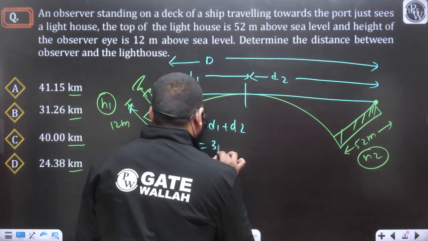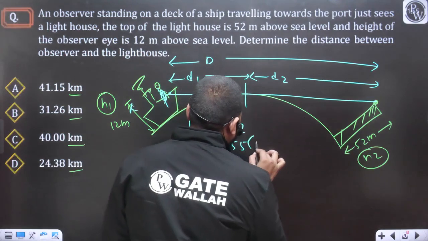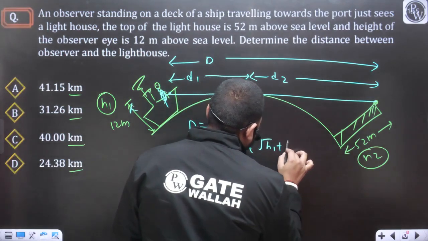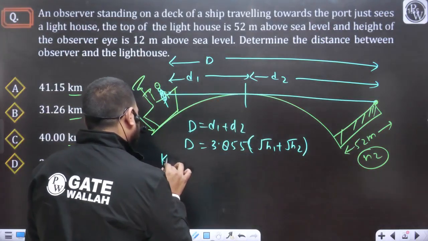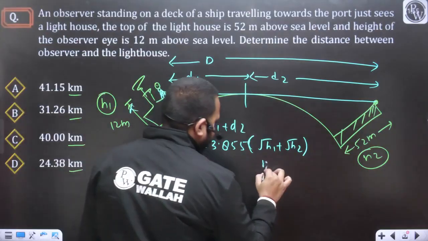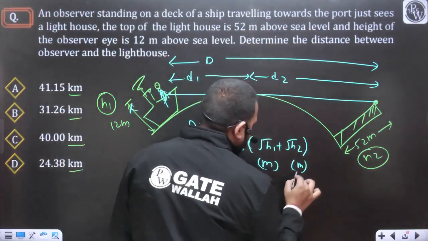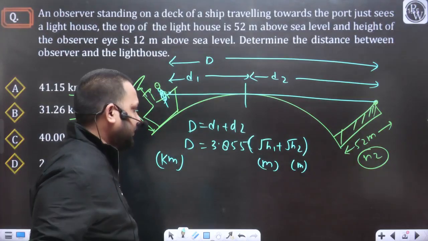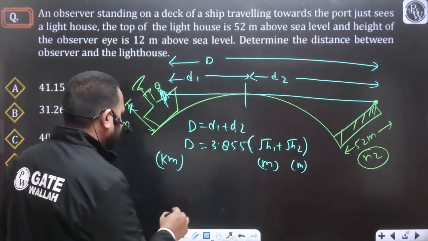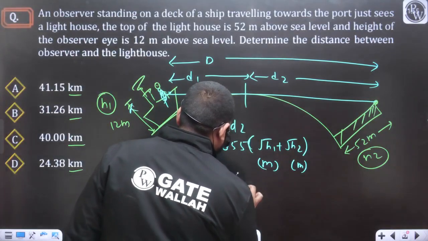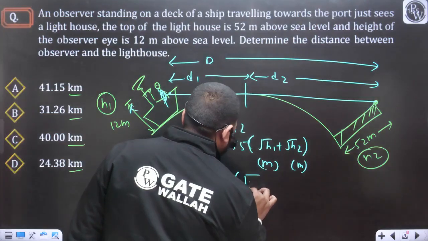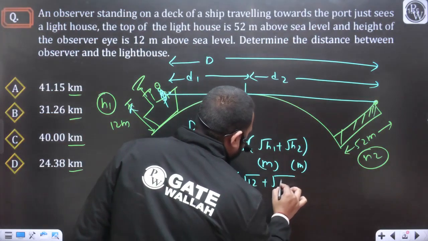This will be equal to 3.855 times root H1 plus root H2, yes or no? So D we will get in kilometer if we take H1 and H2 in meter. So D is going to be 3.855 times root 12 plus root 52.